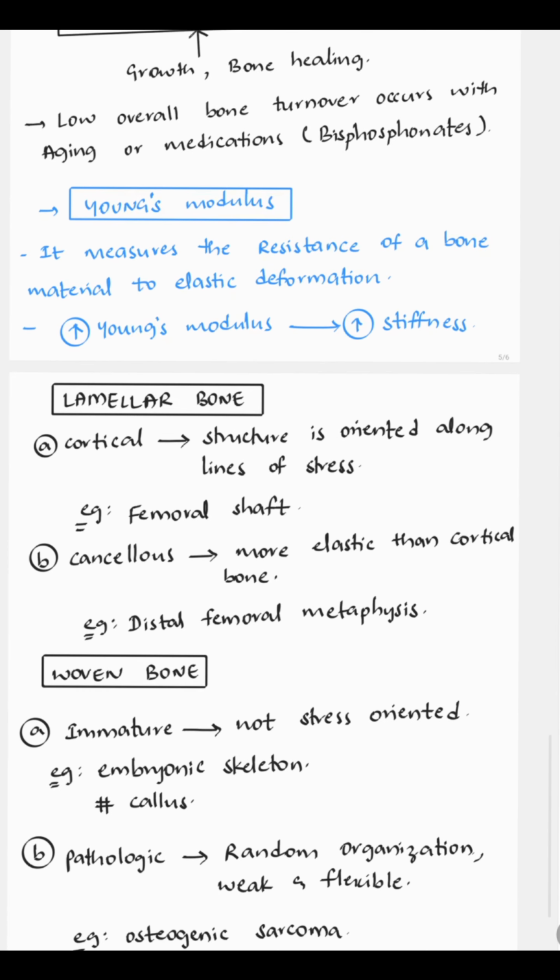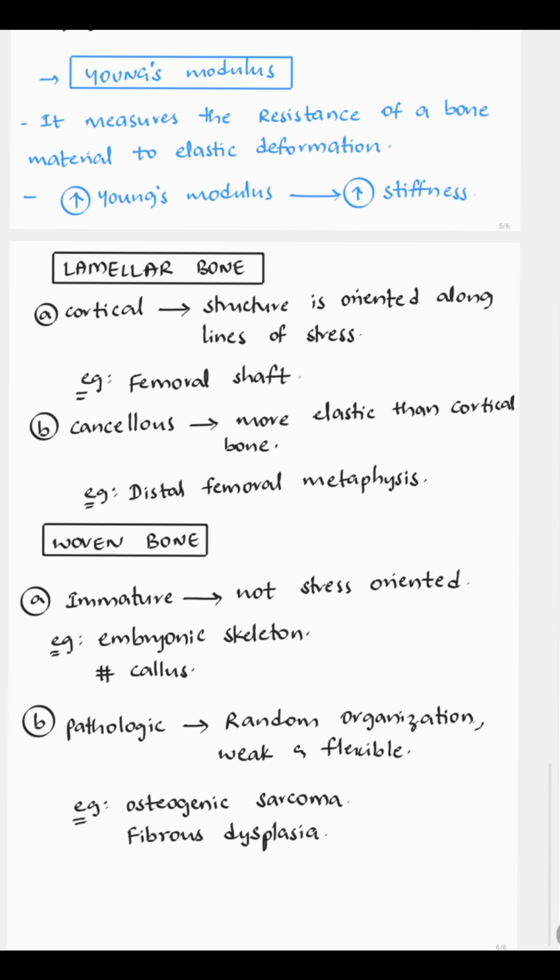Lamellar bone. Lamellar bone is of cortical and cancellous types. In cortical bone, the structure is oriented along the lines of stress. Example, femoral shaft. The cancellous bone is more elastic than cortical bone. Example, distal femoral metaphysis.